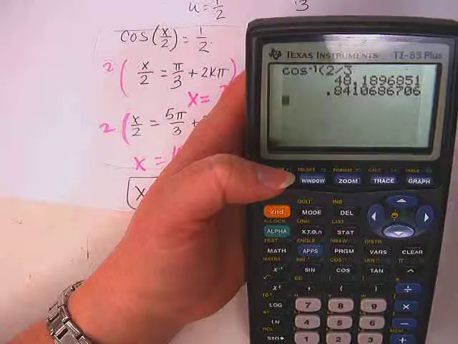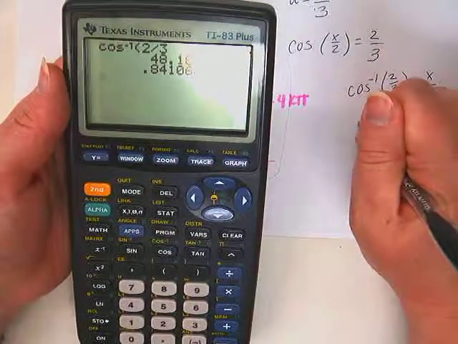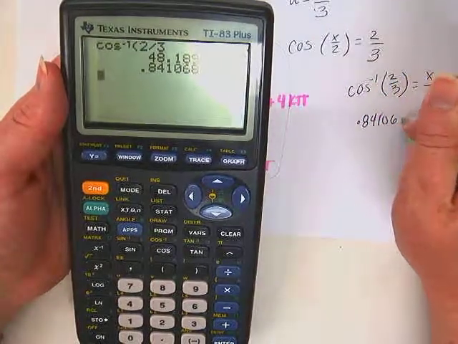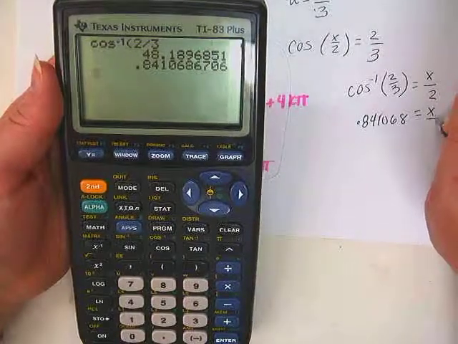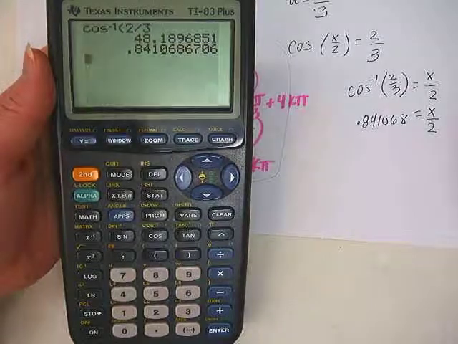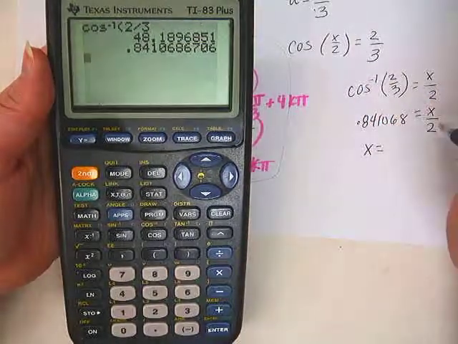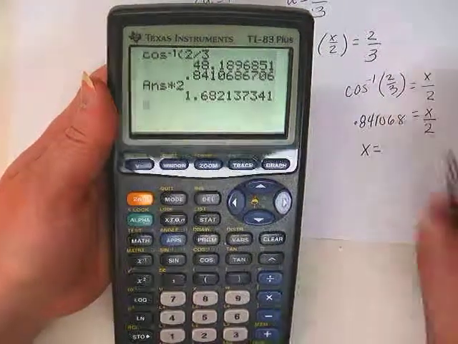So is it important to know what mode I'm in? Yes. This is in degrees. What mode do I actually want to be in because of the question? Okay, I need to be in radians. And then let's try it again. So 0.84106. That equals x over 2.